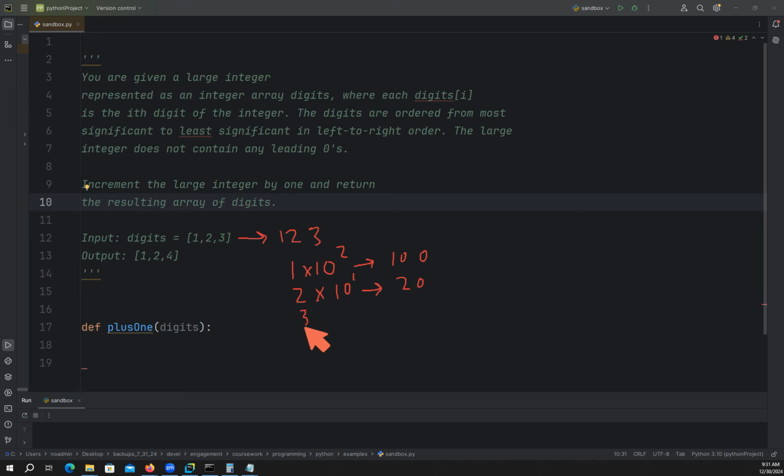Then you have 3 times 10 to the 0 power. Anything to the 0 power equals 1, so it's really going to be 3 times 1 is 3. Let's add all those up. 100 plus 20 plus 3, of course, equals 123.